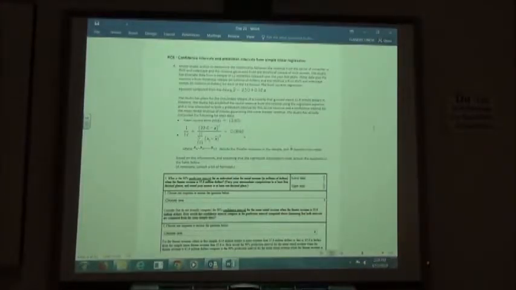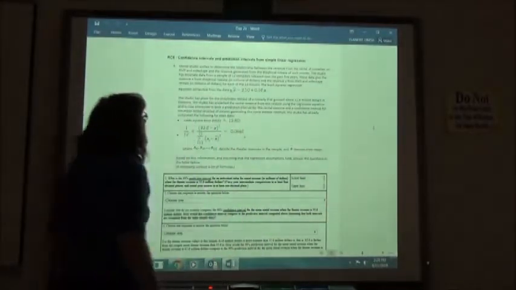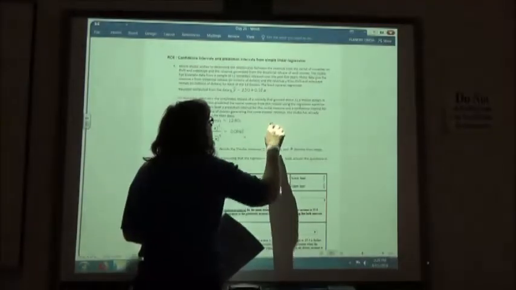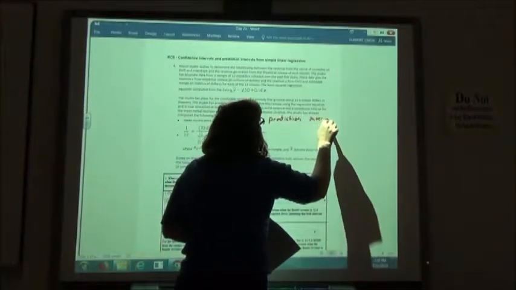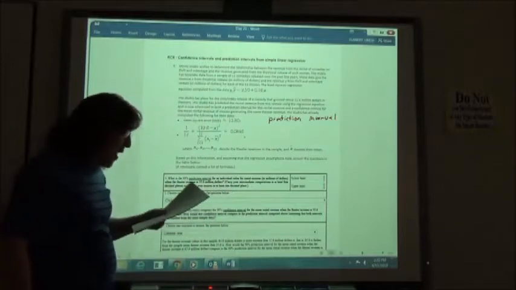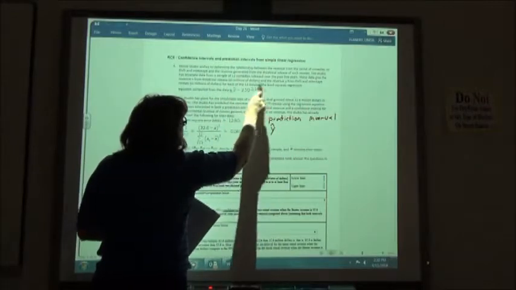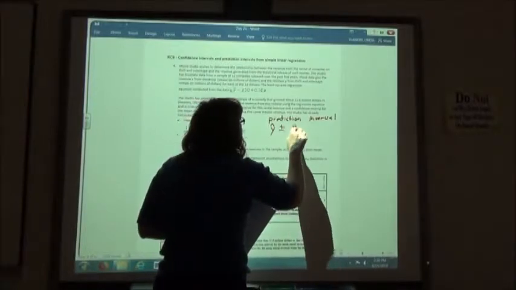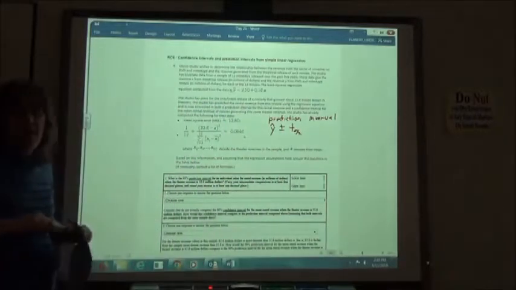All right, the next ones, we're going to do confidence intervals and prediction intervals from simple linear regression. Again, we're going to have some formulas that we need to know. In order to do the prediction interval, my equation there is that I'm going to take y hat, which is my value when I use the equation that's given in my problem, plus or minus t, we're using the t sub 1 minus alpha divided by 2, and that's found the same way we did before.